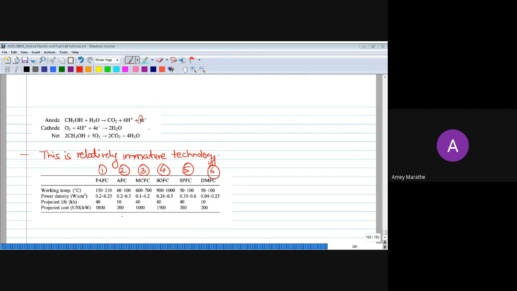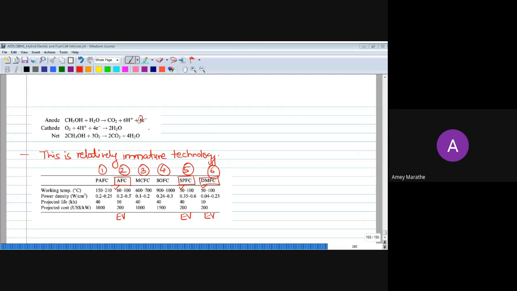This can be used for EVs, this can be used for EVs, and even this can be used for EVs. So there are three potential fuel cells which can be used in EVs: solid polymer fuel cells, direct methanol fuel cells, and alkaline fuel cells. Again, the reason is the temperature range in which they work.